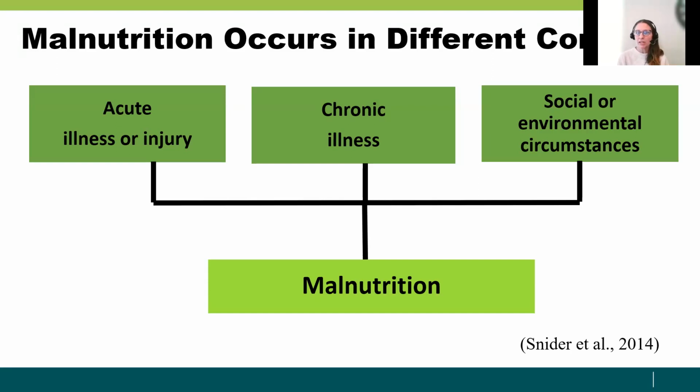If we think of something like cancer or Crohn's disease or ulcerative colitis, where we have a problem with absorption of nutrients over time, then that may indicate malnutrition as well. Or it may present in a social or environmental circumstance for someone who might have food insecurity or poverty or decreased access to food for whatever reason that might be.